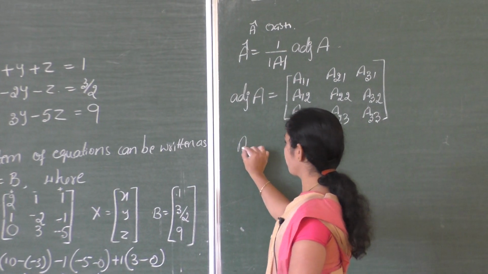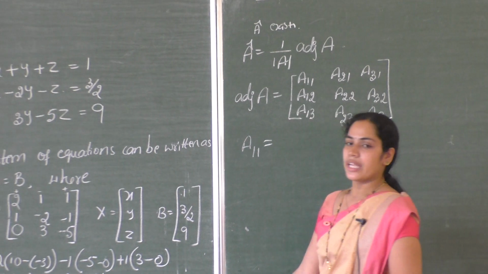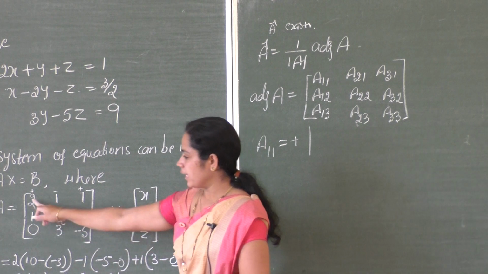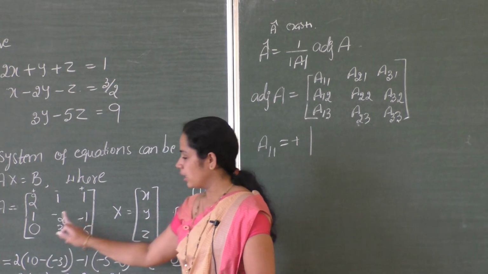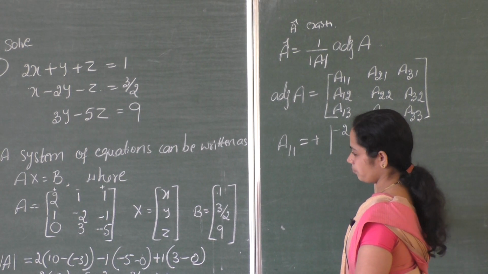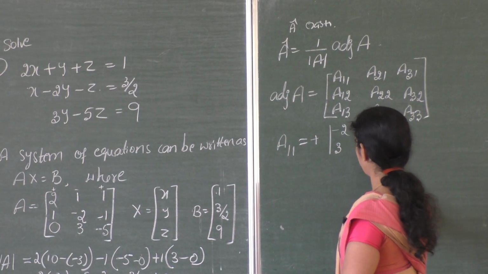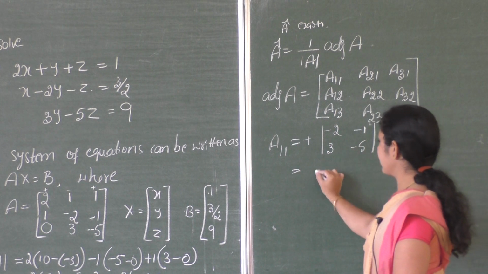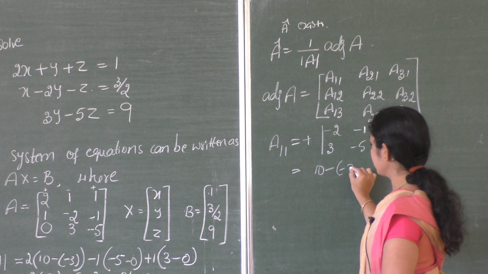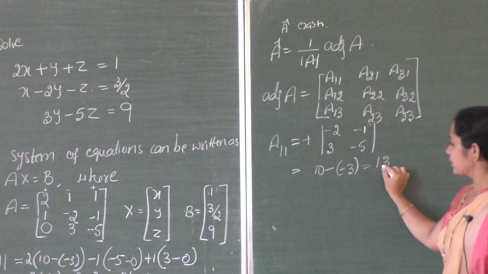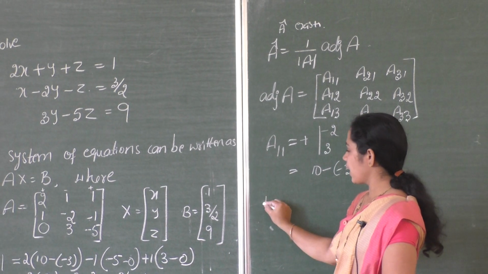We'll find out the cofactors. A11. A11 is positive. Delete first row and first column. Remaining is minus 2, minus 1, 3, minus 5. This is equal to 10 minus 3. This is 13. Next A12.